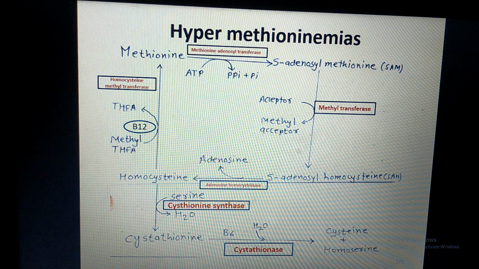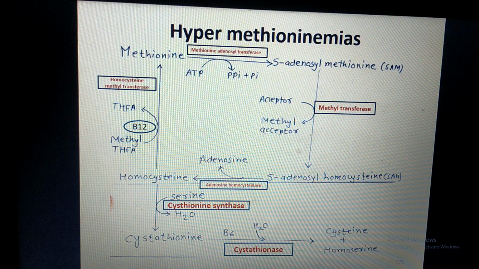Actually this homocysteine has two roles. Either it is converted into cystathionine or it may be converted into methionine. But excessive remethylation of homocysteine causes synthesis of more and more methionine. So this is the one reason.